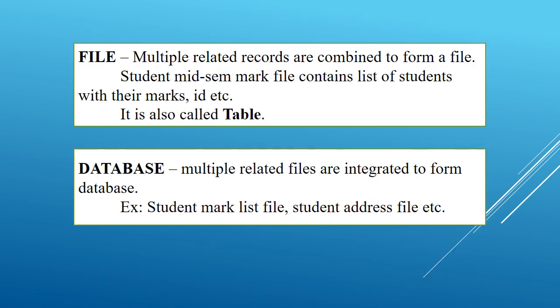And next, file. File means multiple related records are combined to form a file. For example, a student midterm mark file. This file will contain the list of all students with their marks, ID numbers and names. The file is also called a table. And database means multiple related files are integrated to form a database.